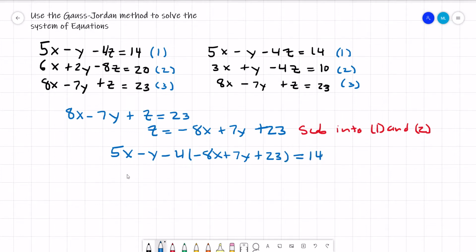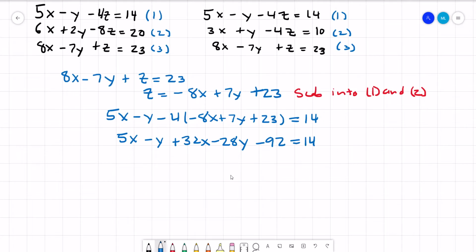Now we can simplify this, and that gives us 5x minus y plus 32x minus 28y minus 92, and that's equal to 14. Furthermore, you could simplify even further.